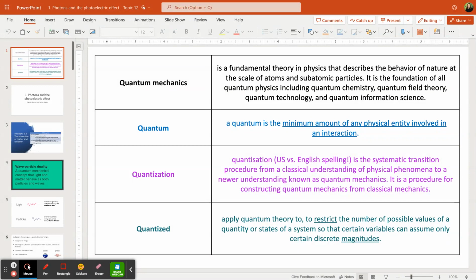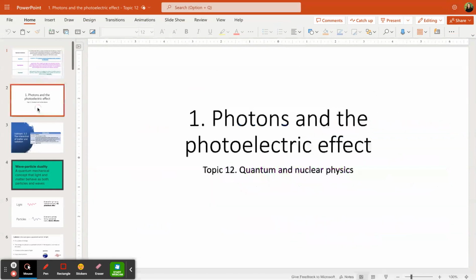That introduces the concept of quantum physics. It's basically saying, right, all the laws that we have up until this point no longer make sense when we are looking at things at the level of atomic and subatomic particles, and we have to rewrite the rules of physics.